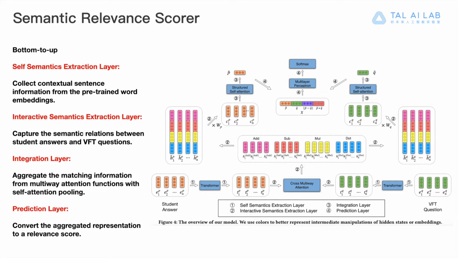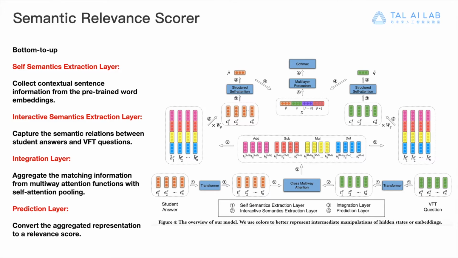It is built upon four crucial layers. From bottom to top, we use a self-semantics extraction layer to collect all contextual sentence information from the pre-trained word embeddings. In the interactive semantic extraction layer, we use a cross multi-way attention mechanism to extract the semantic relation between student answers and VFT questions, in preparation for comparing their semantic similarities at the next step.